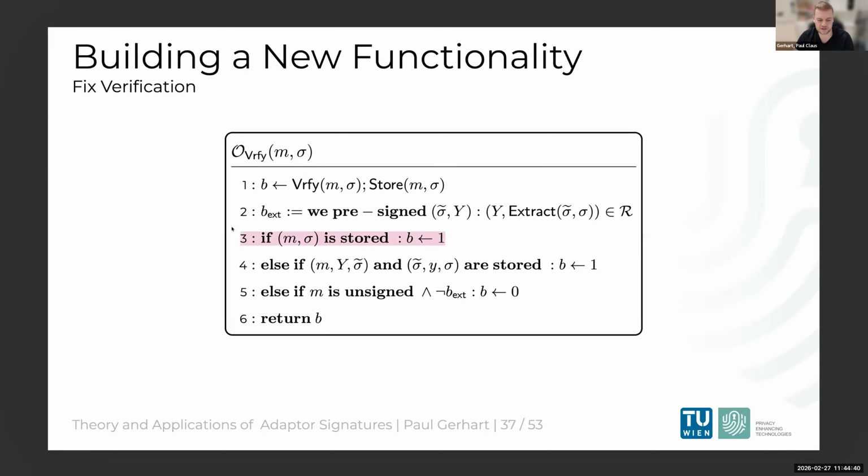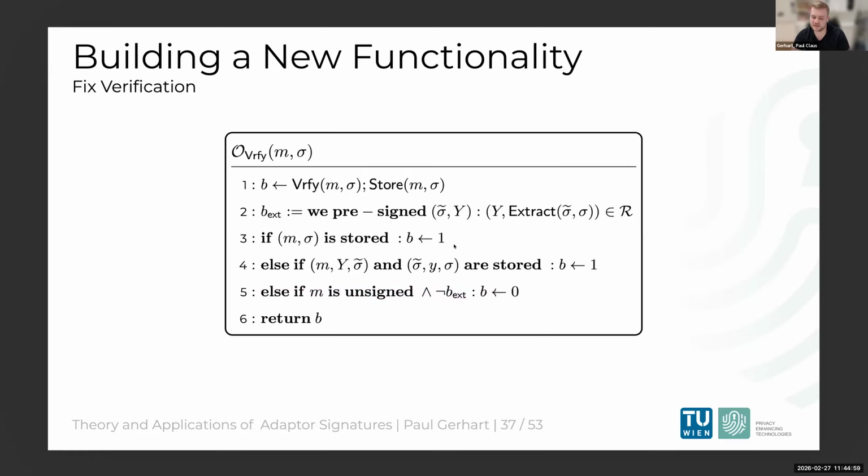Then return 1 for completeness. If this never happened, we look if the pre-signature was valid and we adapted the pre-signature. In this case, return 1. And if M is unsigned and it does not extract, we say b is 0.